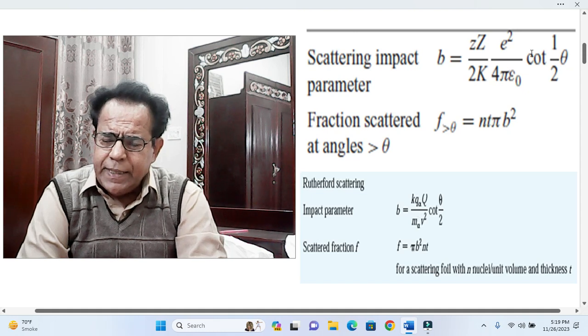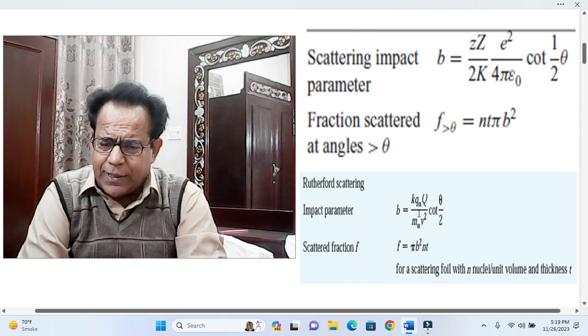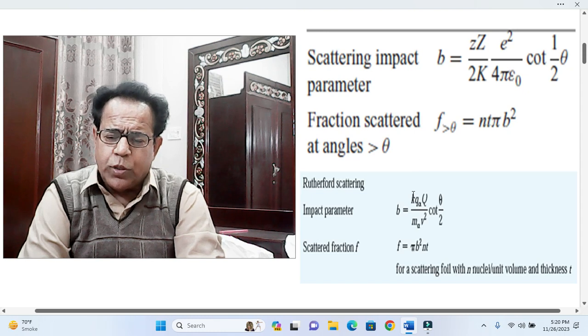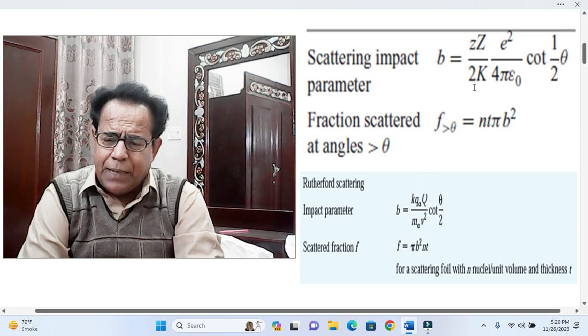So e is charge, and small q alpha and capital Q are also charges. Moreover, in the second snapshot, in place of 1 over 4 pi epsilon naught, small k is used. Okay, small k means 1 over 4 pi epsilon naught, while capital K means half mv square, kinetic energy.